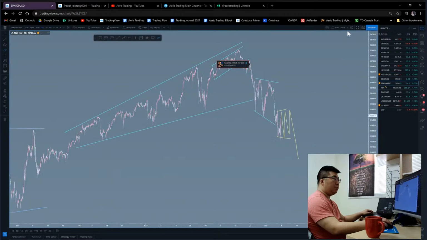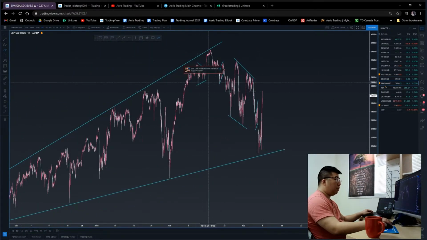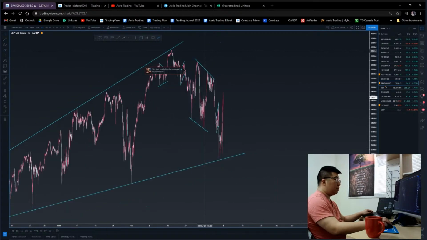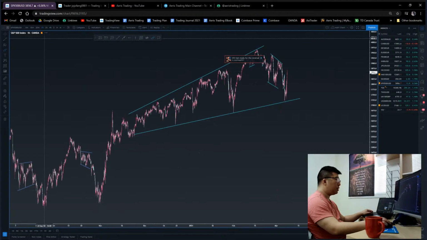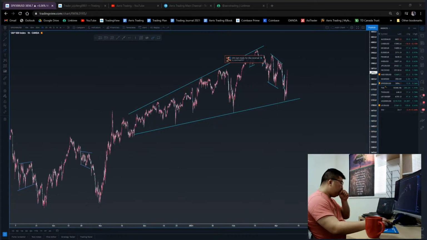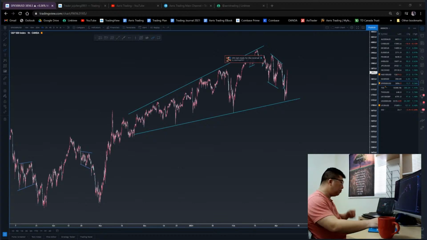All right, so S&P 500. The only difference, and this is why I went over NASDAQ first, is that NASDAQ has that structure, whereas S&P doesn't look like it does.